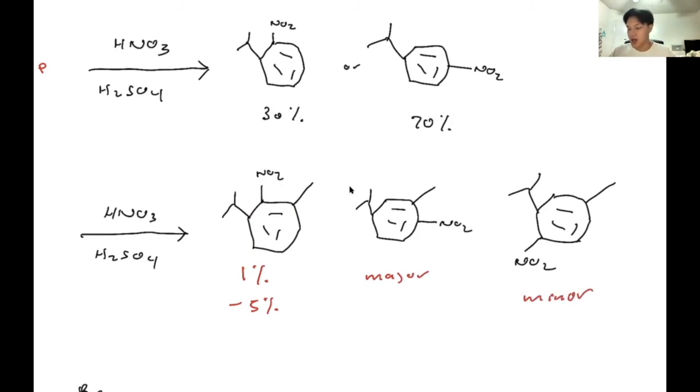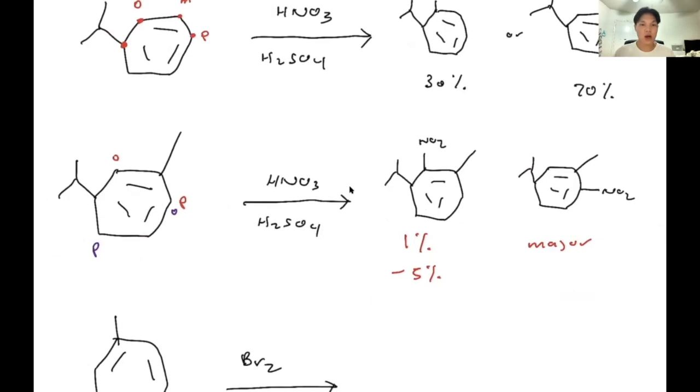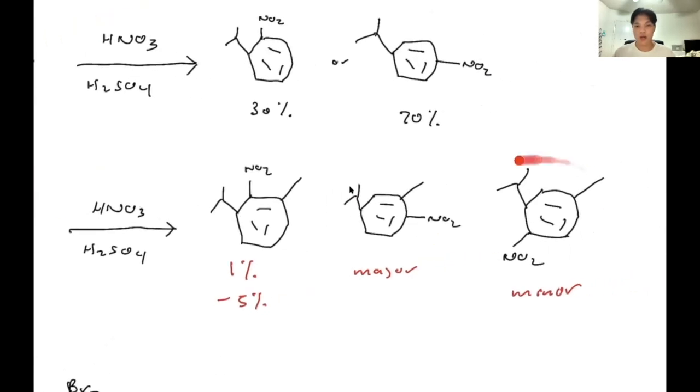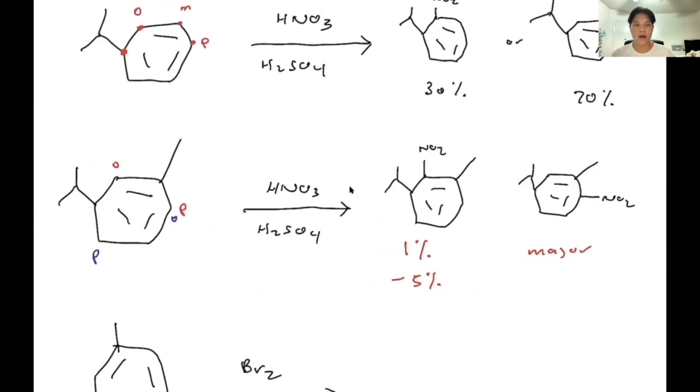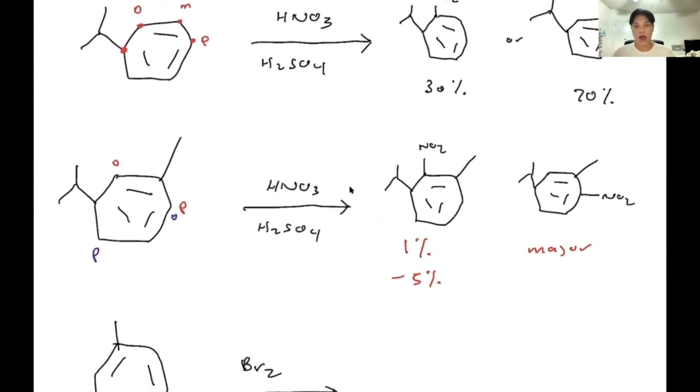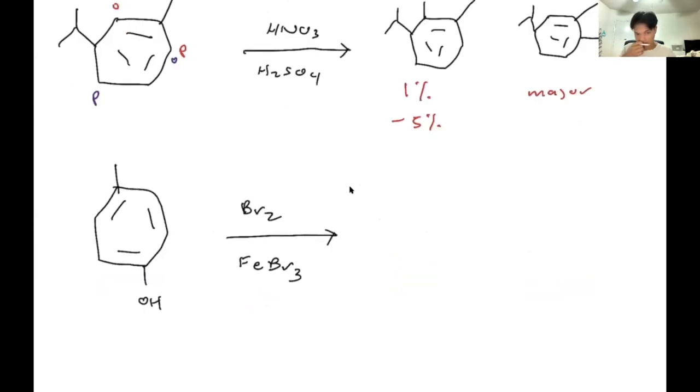Because this is being added next to a group that's less bulky than this isopropyl group, right? Whereas this one is added next to this isopropyl group, which makes it more unstable, with more hindrance, right? So in that case, this one will probably be the major and this one will probably be the minor, right?